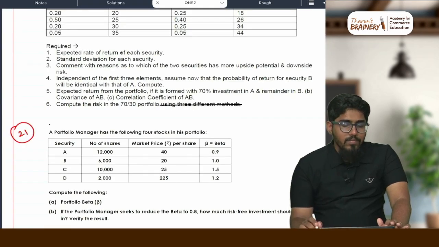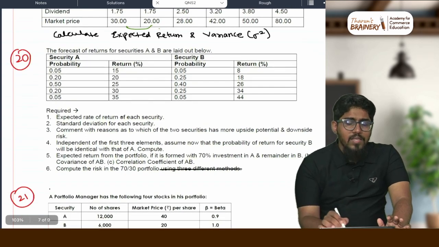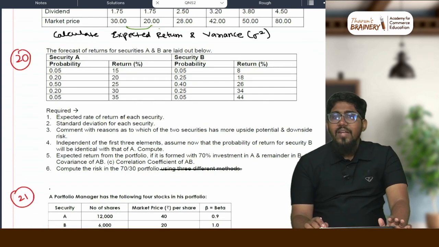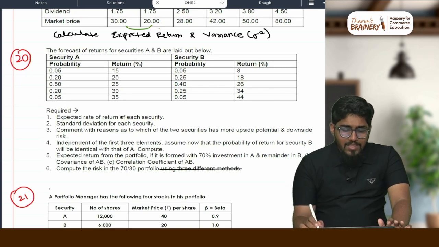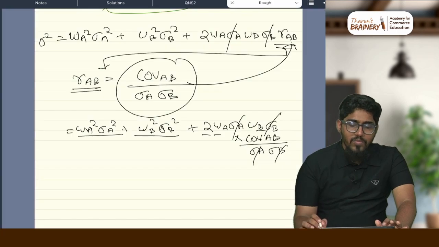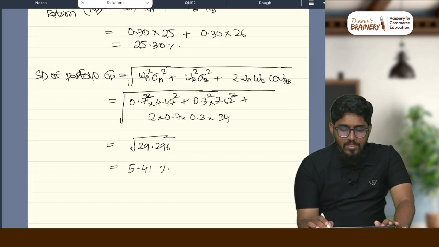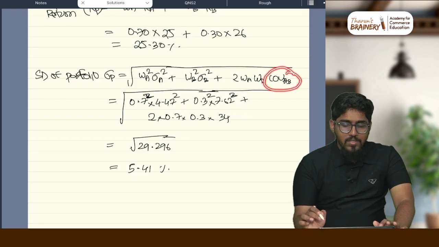Covariance is not given. Nothing is given, but security A and security B data is given, right? So we can find out the covariance. They have also asked us to find out covariance and correlation coefficient. So anyhow we will want to know the covariance.